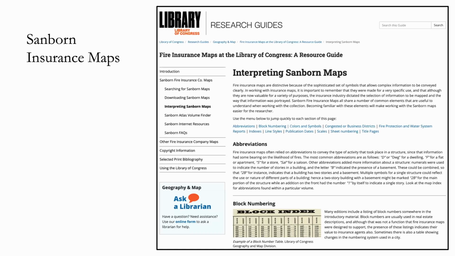So, for instance, if you're doing historical research in conjunction with your genealogical research of an area and a town, you can see when buildings were built and what they were when they went in and became subject to fire insurance.